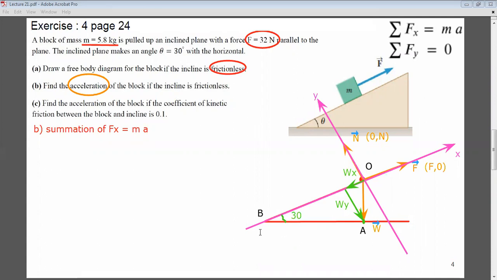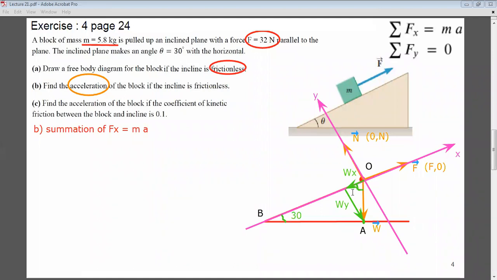In triangle OAB, I know this angle is 30. I know this angle A is 90. So angle O is how much? It's 60. So this angle here is 60.